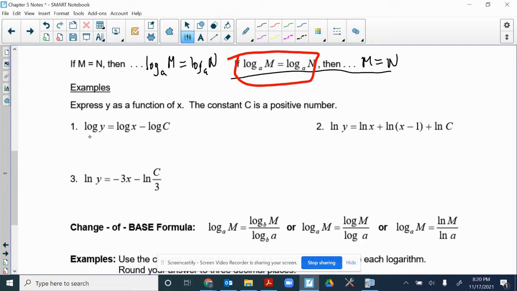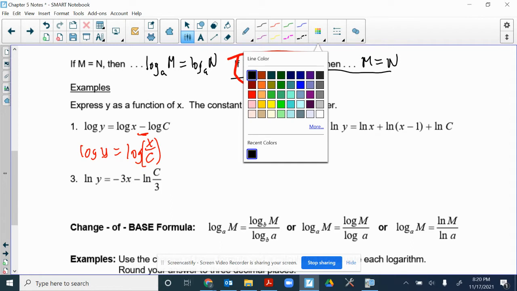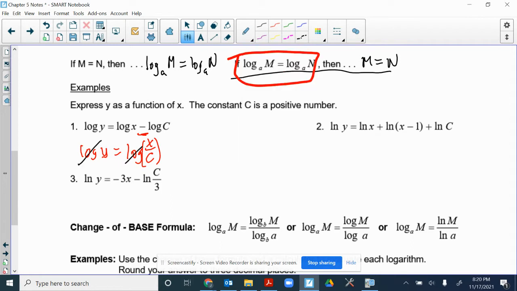Right now we have one log on the left, two logs on the right, but they're being subtracted. So if you recall, one of our properties is we can rewrite this as division. So we can rewrite it as x over c. And now the logs cancel, and we get y equals x over c. And again, this is just saying express it as y equals, and we've done that.